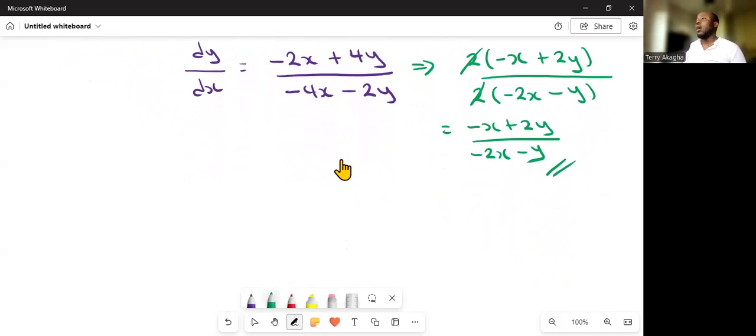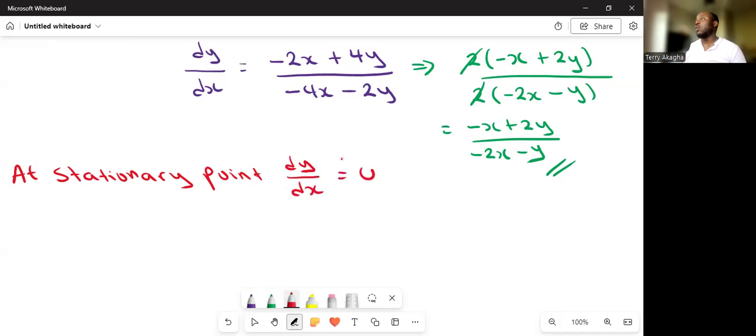So we know that at the stationary point, dy/dx is equal to 0, okay? So I'm going to use this, it's just my preference. You can use this one, all right? It's still the same thing. It'll give us exactly the same result. So at the stationary point, dy/dx is equal to 0.